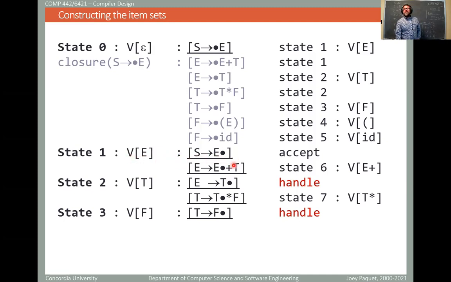That's the end of my state number 1. Now you see that the only thing that can happen in state number 1 is that I move the dot after the plus, which leads me to another state.